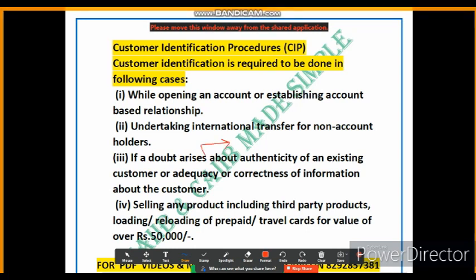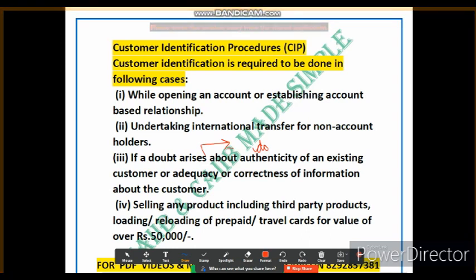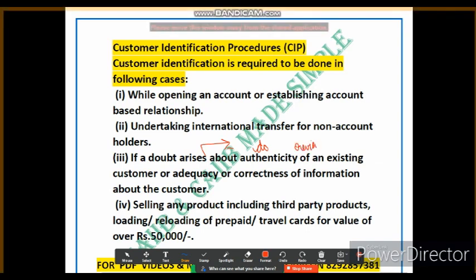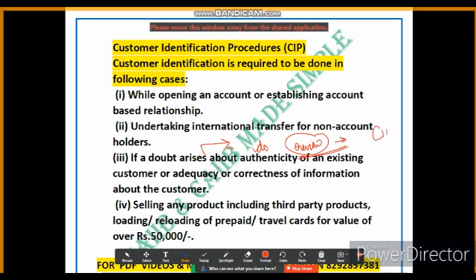Suppose a bank receives information that raises doubt about the identity of the customer or suggests that the information provided by the customer may not be accurate. In such a case, the bank will initiate a review of the customer identification document, contact the customer for additional verification, or take other appropriate measures to address the doubt.